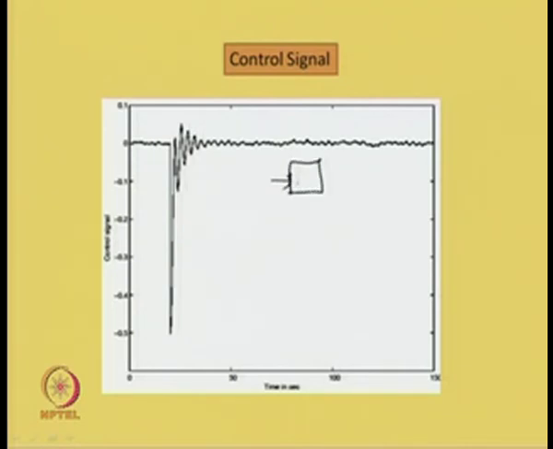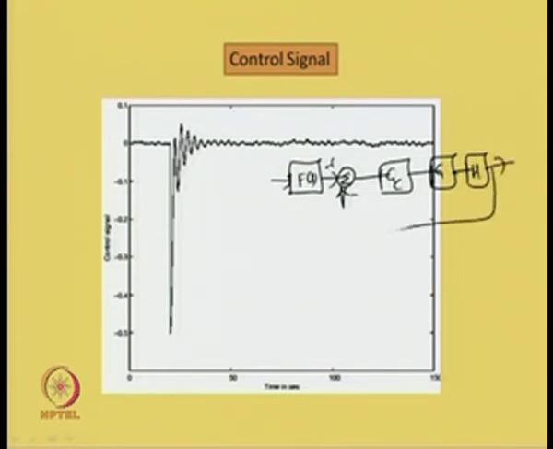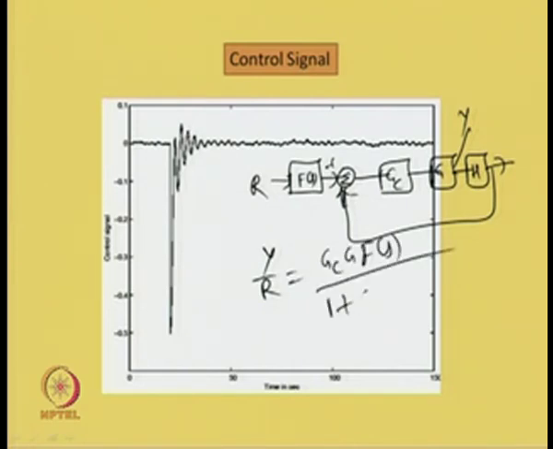So, when we have got Fs in the loop, in that case, with GC, G, H, the closed loop transfer function y upon r will be equal to GC G Fs upon 1 plus GC G H s.